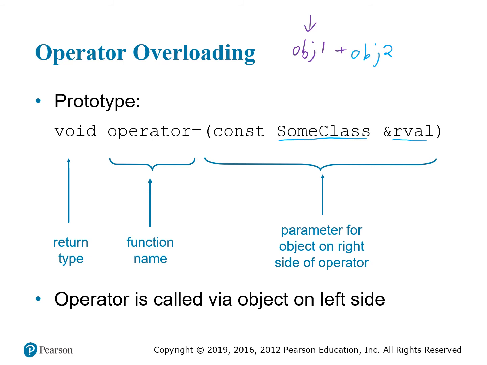So this would be equivalent to typing in code object 1 dot operator plus object 2. Okay, that's how C++ interprets that operation.